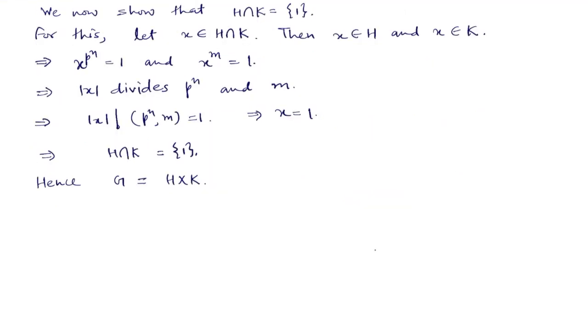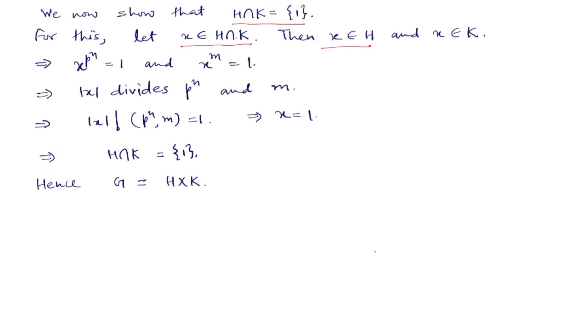We now show that the intersection of H and K is 1. So let us take an element x in the intersection of H and K. Then x belongs to H as well as x belongs to K. Now if x belongs to H, then x will be killed by p^n, and if x belongs to K, then x will be killed by m.